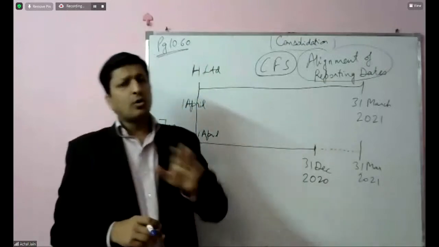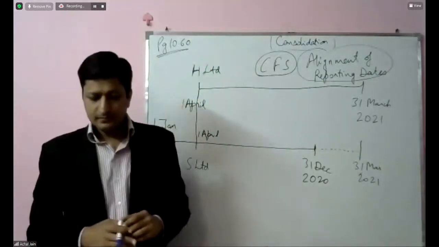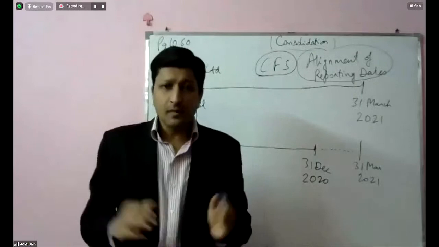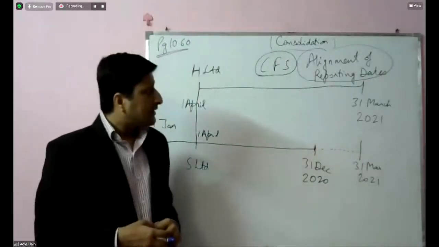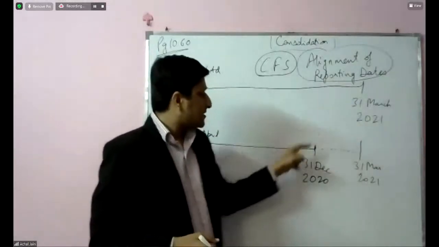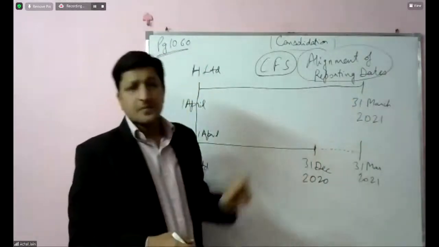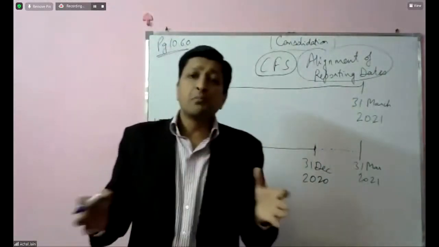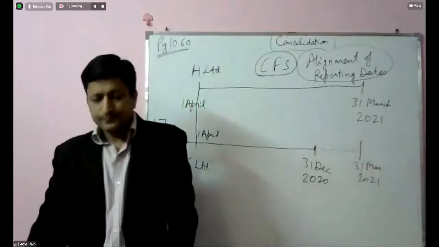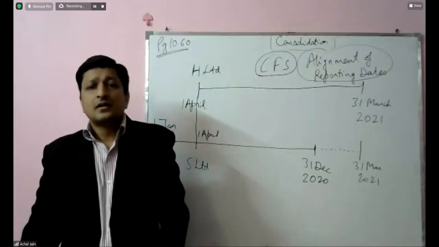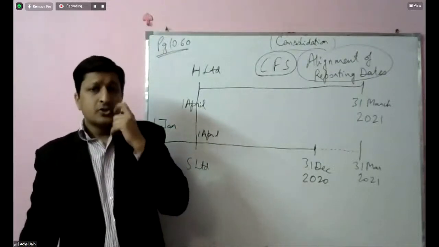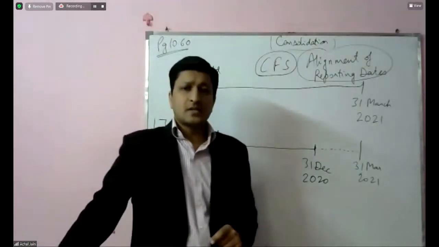Standard is saying no problem, you will accept it. The only thing is that the difference in the reporting dates between the holding and the subsidiary should not be more than 6 months.